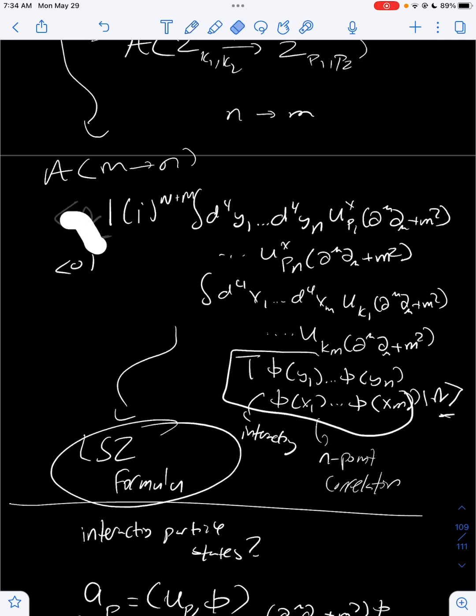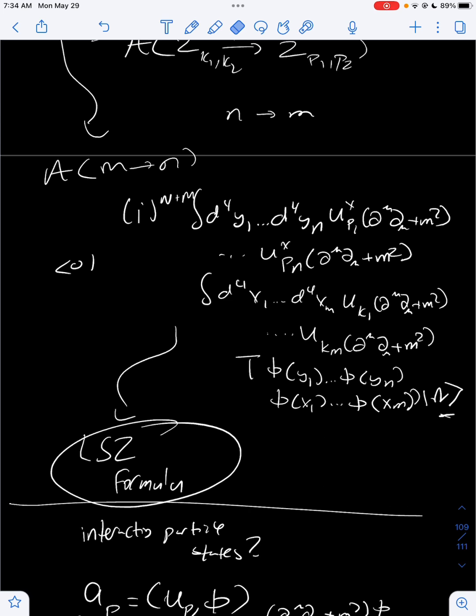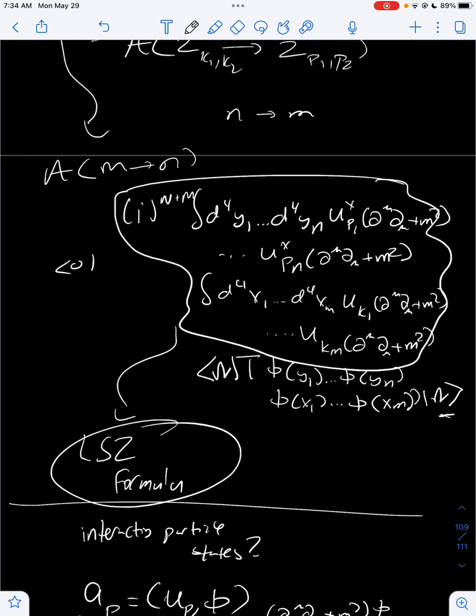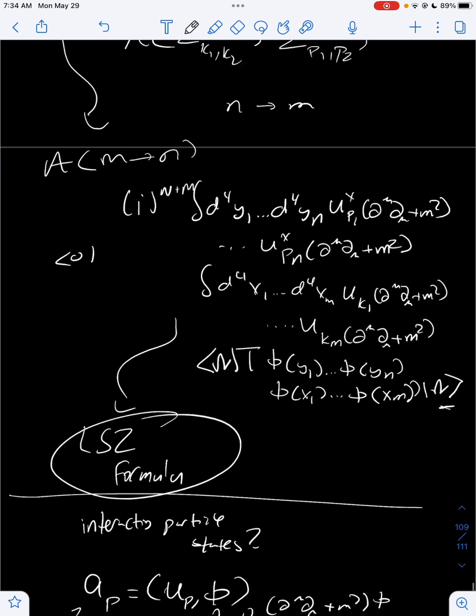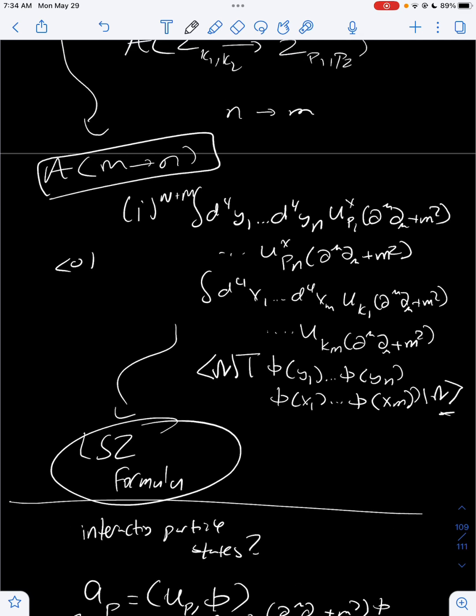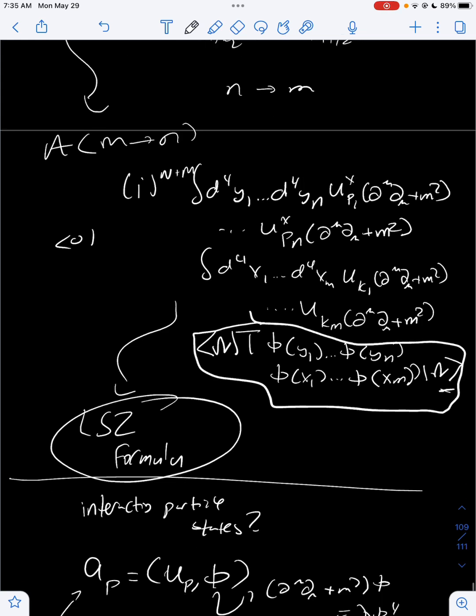Actually, we could just put it right over here, because none of the terms here will act on or annihilate the vacuum, so we can just move it right in front of here. Basically, to calculate this probability amplitude, we have to calculate this guy right over here. That's pretty much how you do it.